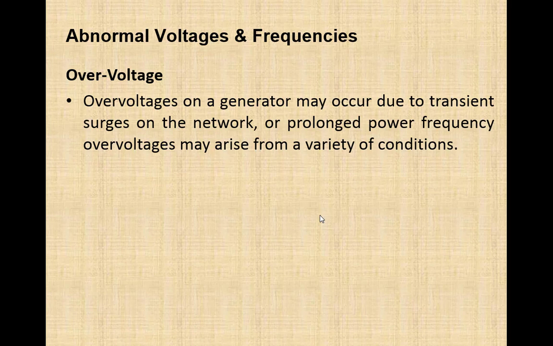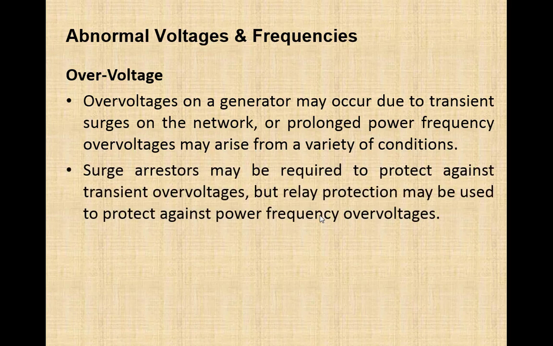And the second type of over voltage is power frequency over voltage. The power frequency means 50 or 60 hertz frequency voltage that is above the rating. So this power frequency over voltage needs further discussion that we'll cover in a later slide. Now come to the first type, transient over voltage. For that, surge arresters are required that are connected on the terminal of the generator.